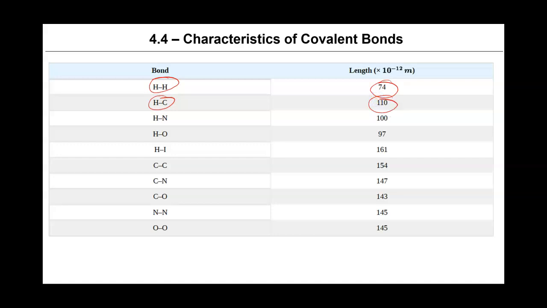If we look further down our list, here we see carbon bonded to carbon, having a bond length of about 154 times 10 to the minus 12 meters. Whereas if we bond carbon to the smaller oxygen, we can see that the bond length gets a little smaller and it drops down to 143 times 10 to the minus 12 meters.